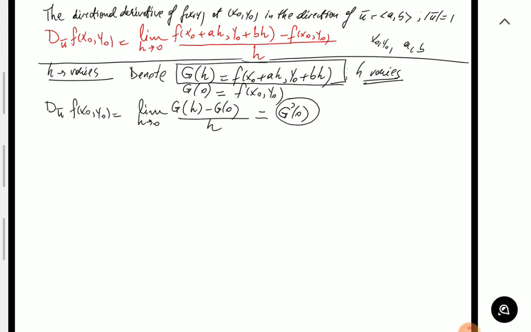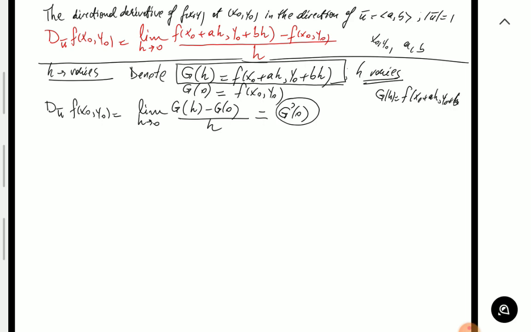So how do we do that? Because, by the way, we have to do this in a more practical form, not via this extra function, big G of h. But we could use the chain rule that we learned in the previous section, right? So you can think of g, which is basically given as a composition of a function of several variables. In other words, it is f of x naught plus ah, y naught plus bh.